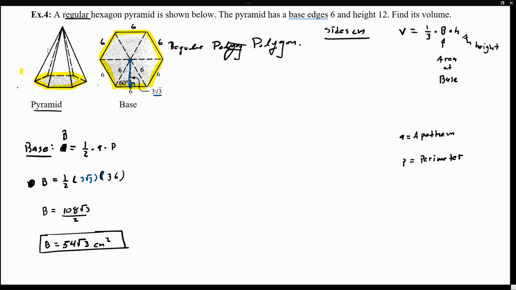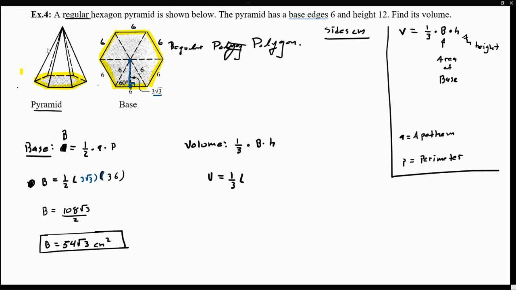Now to find the volume, which is what we wanted, we're going to be using the formula 1/3 times the base times the height. So therefore the volume is 1/3 times the area of the base, which we found to be 54 square roots of 3, times the height.